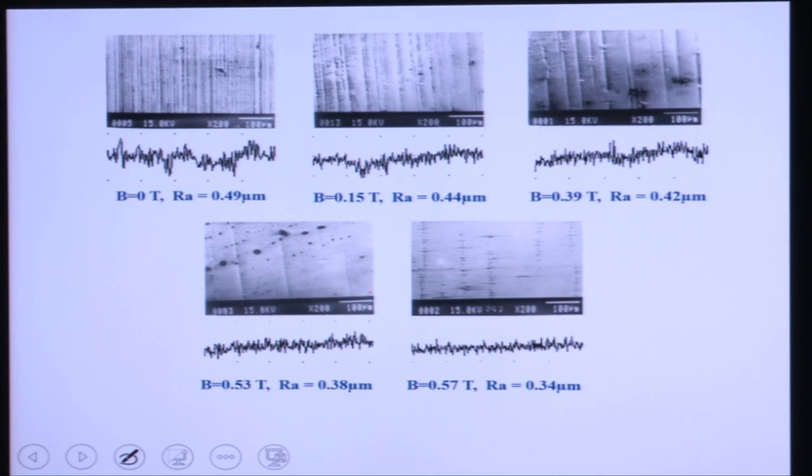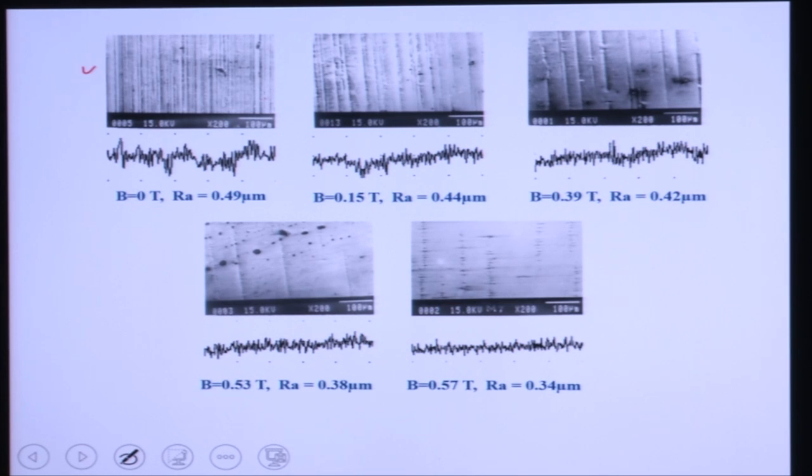You can see in this figure so many abrasive marks, because all these samples are prepared by a grinding operation. In grinding, the abrasive particles make scratch marks, so lots of peaks and valleys are available in this workpiece.